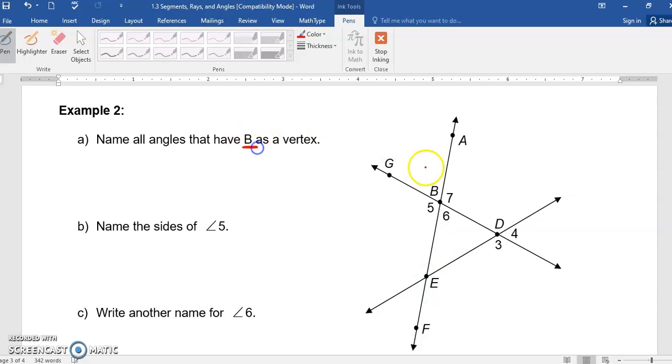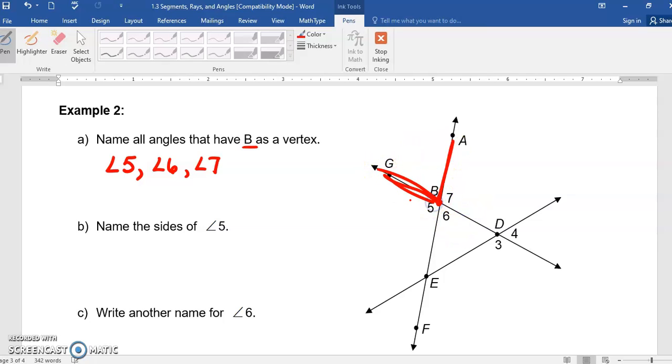So if B is our vertex here, angle 5 has B for a vertex. Angle 6 has B for a vertex. Angle 7 has B for a vertex. That's this angle. There's 5, it's angle 6, angle 7, but then there's another one up here, and we're not even going to count the straight angles.